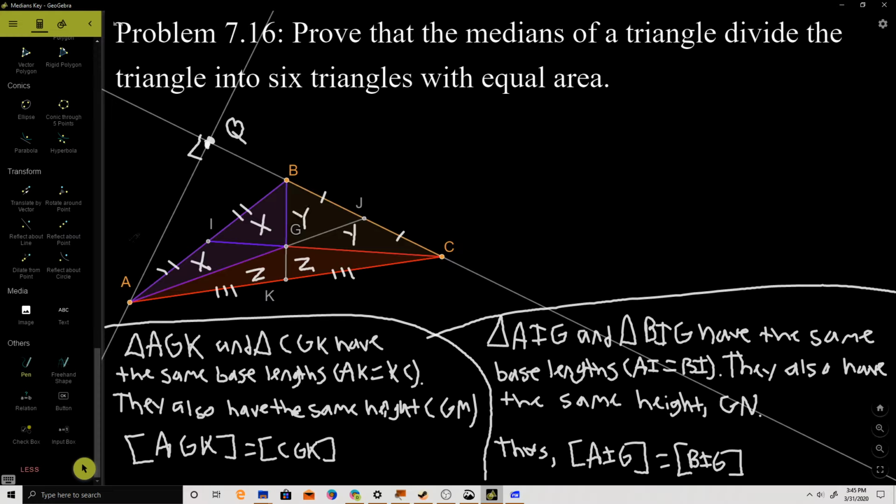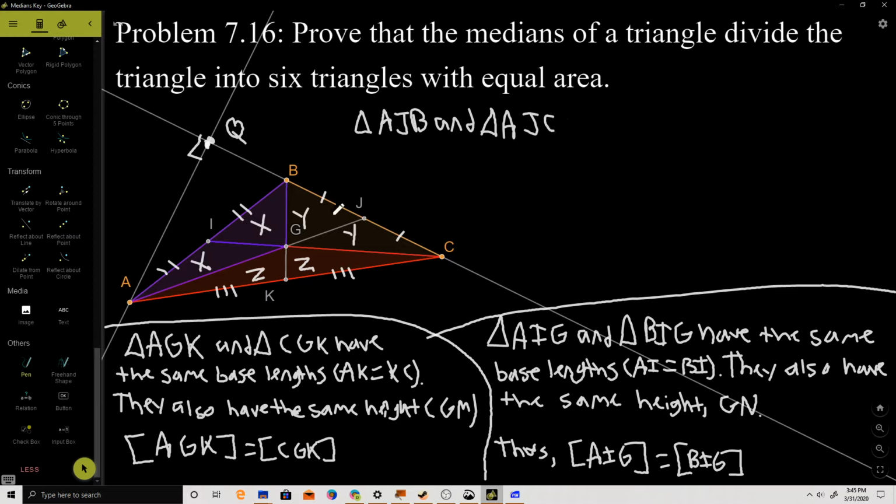So I have two triangles that have that. Triangle AJB and triangle AJC.